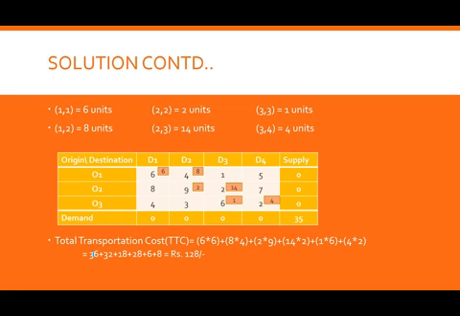6 6s are 36, 8 4s are 32, 2 9s are 18, 14 2s are 28, 1 6 is 6, 4 2s are 8. 36 plus 32, 68. Very good. Plus 18, 86.